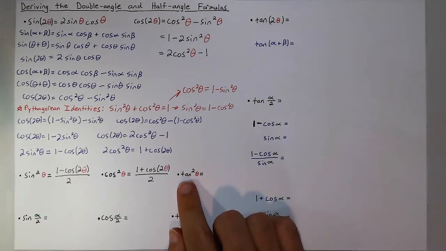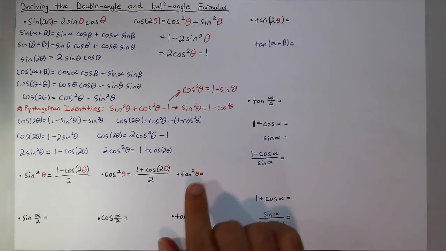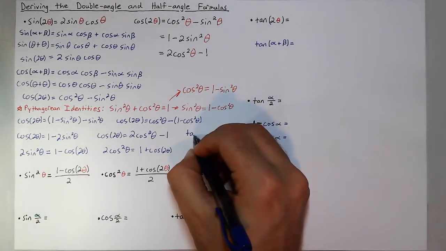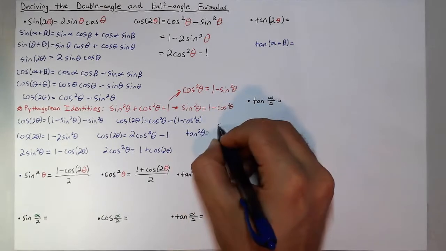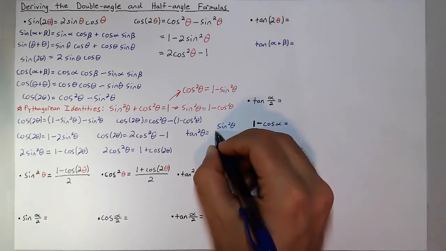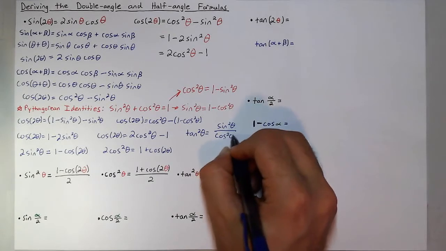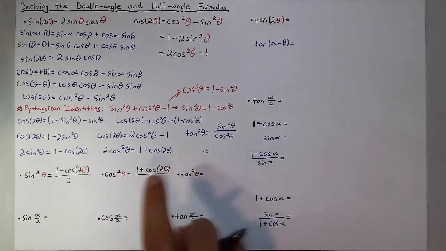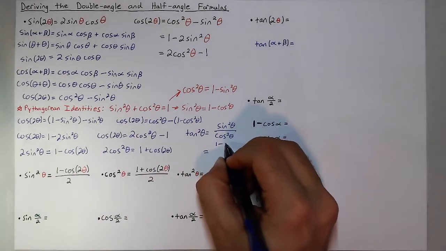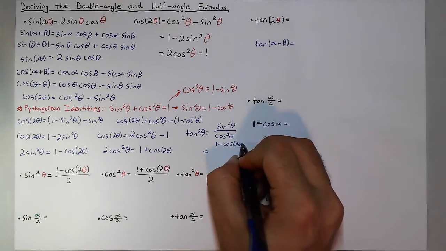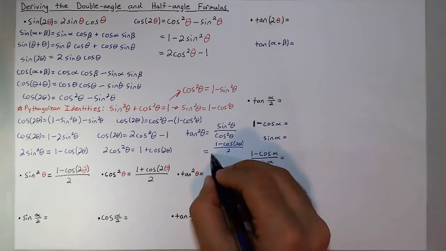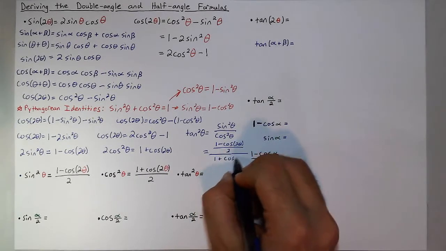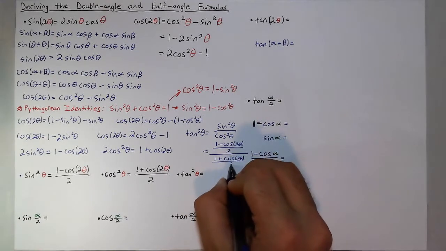And lastly, if I wanted one for tangent squared of theta, well, I know that by the quotient identity that tangent squared of theta should just be sine squared of theta over cosine squared of theta, which if I use both of these formulas, I can reduce the power by putting them over each other, meaning I have 1 minus cosine of 2 theta all over 2, which is sine squared, all over 1 plus cosine of 2 theta all over 2.